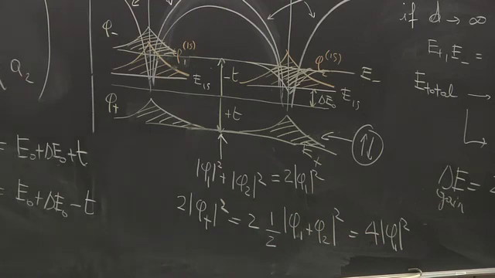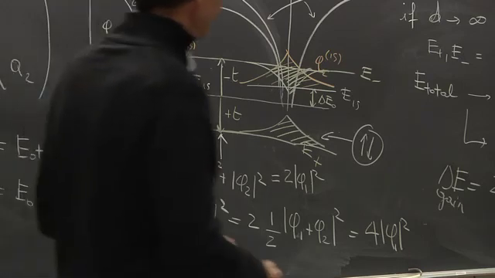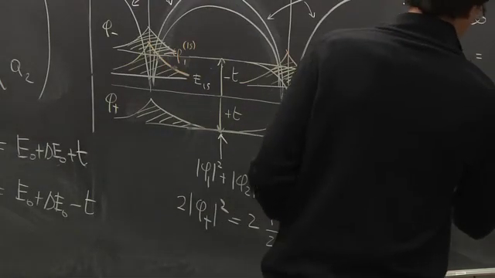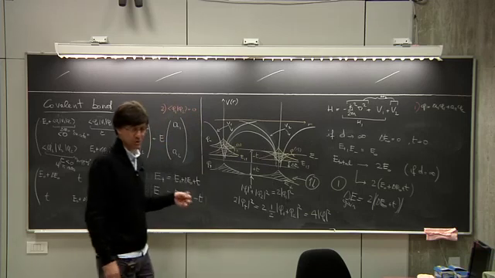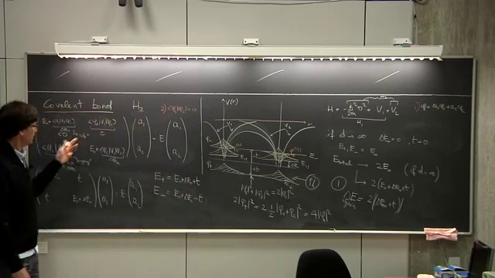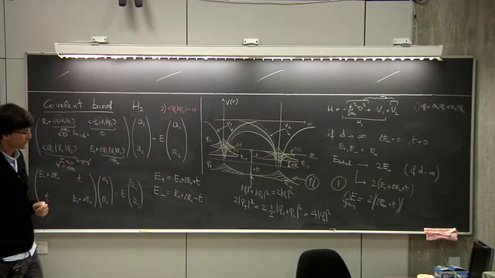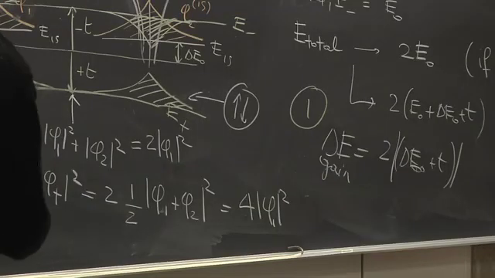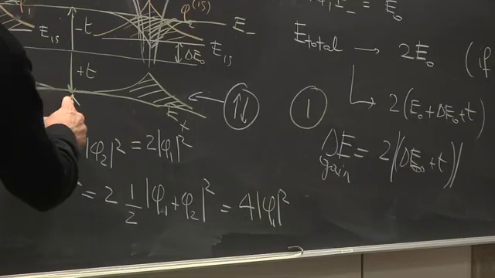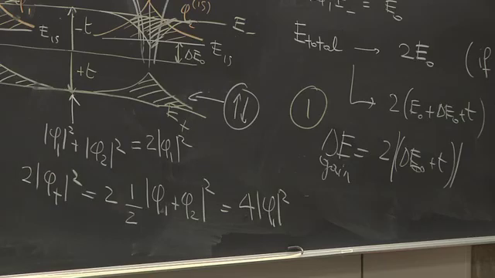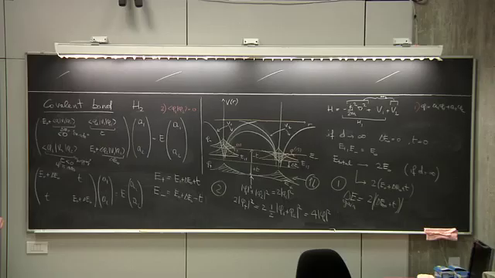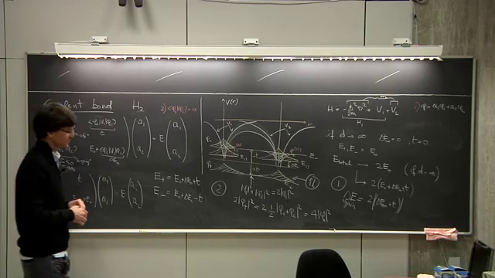So the first conclusion is that energy goes down by an amount which is proportional to these overlaps. Second conclusion, the density at the center grows, in this model, by a factor of 2 with respect to the original density, assuming that the two atoms didn't see each other.